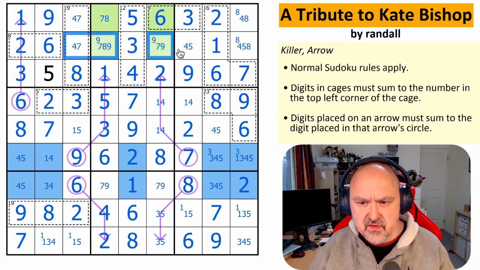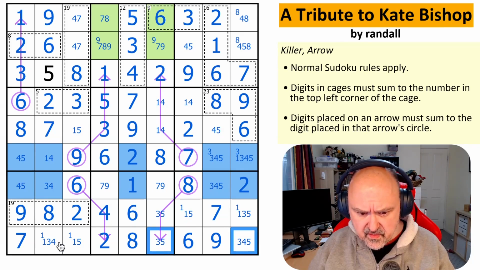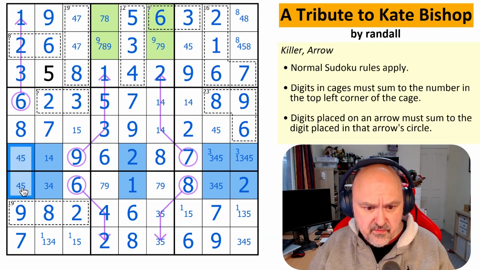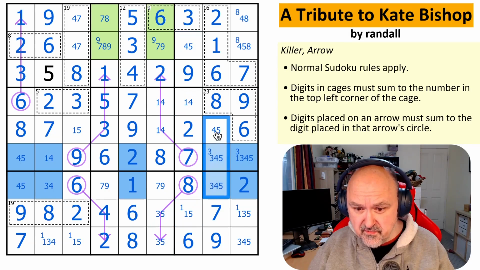4, 5, 7, 8, 9. 1, 4, 5. 1, 3, 4, 5. 3, 4, 5, and 7, 9. 1, 3, 5. 1, 3, 4, 5.